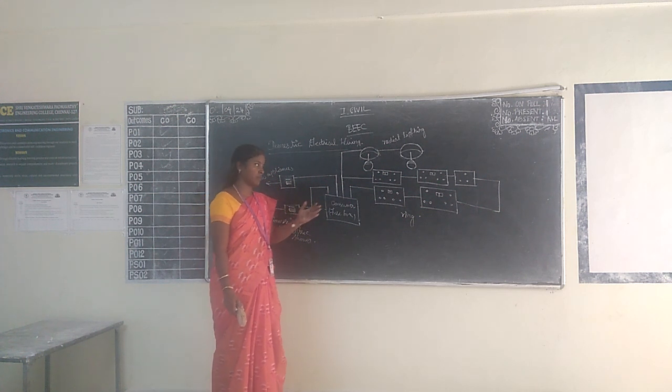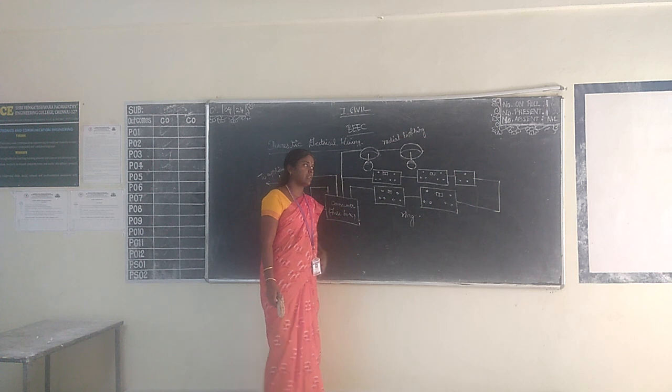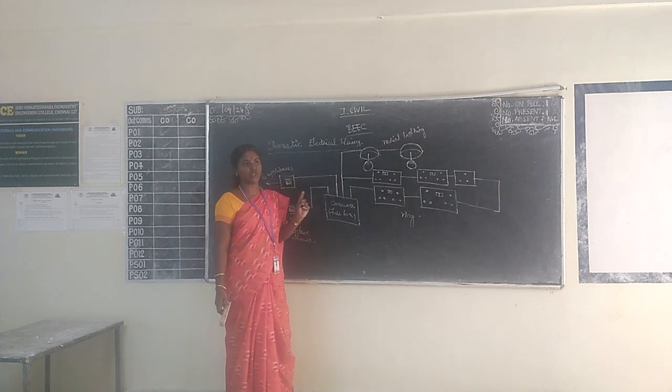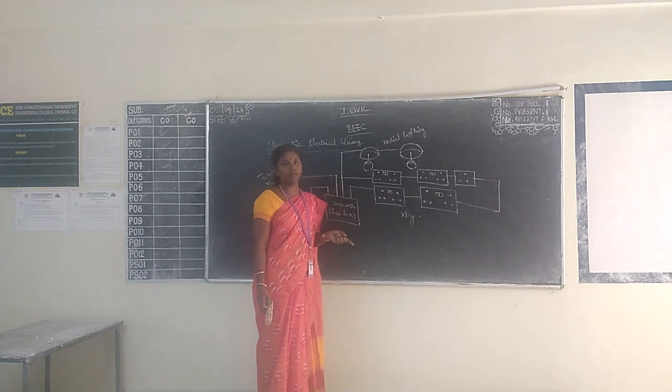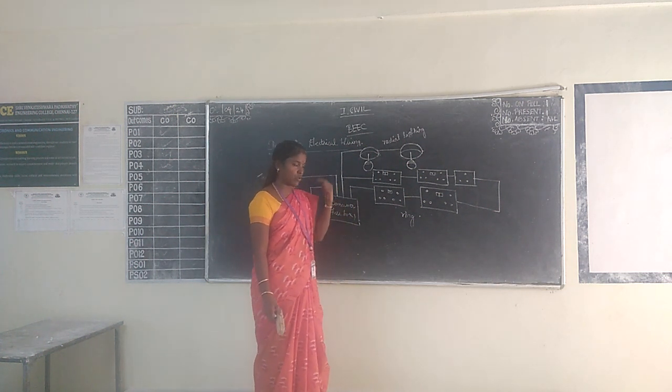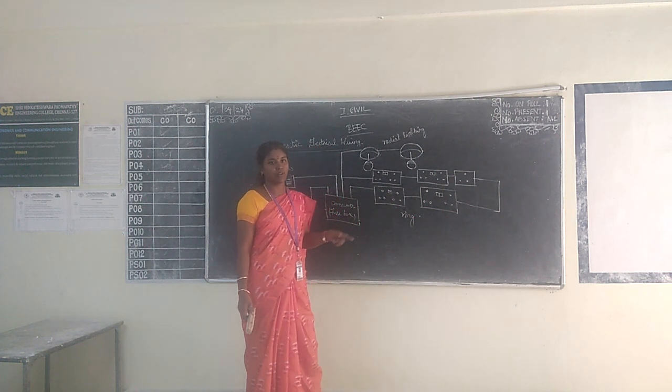A one-way switch we normally use for all purposes, and we can either switch on or switch off. If we switch on, the circuit becomes a closed loop, a closed circuit.